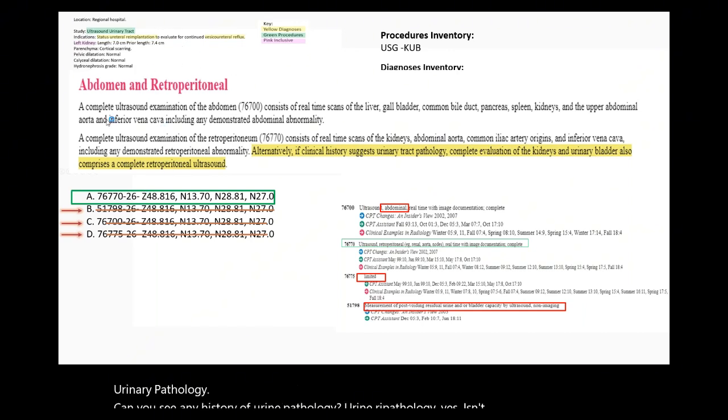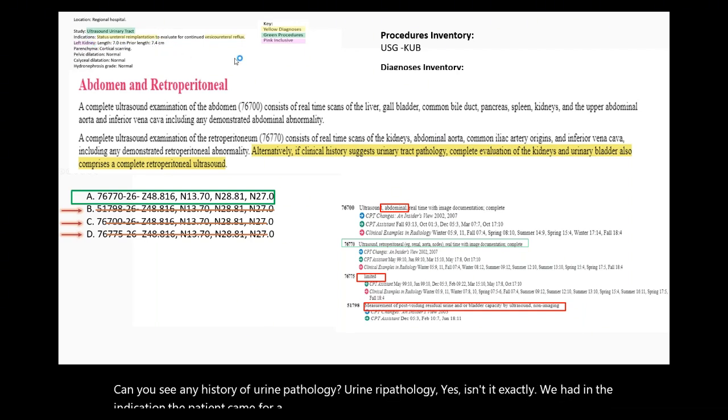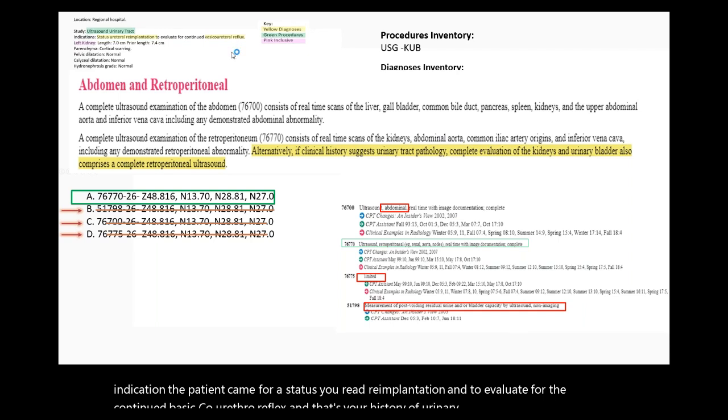Exactly. We had in the indication that the patient came for a status ureter reimplantation and to evaluate for the continued vesicoureteral reflux, and that's your history of urinary tract pathology.